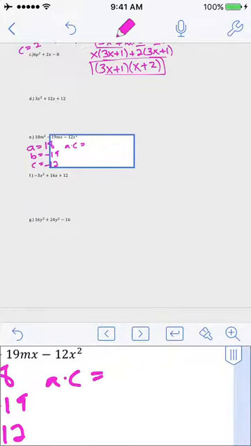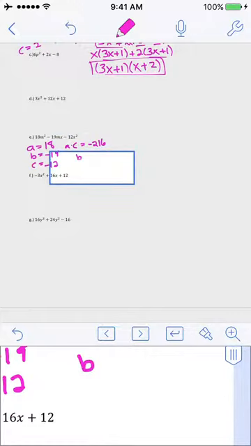A times C is negative 216. And B is negative 19. Alrighty then. Maybe it's going to take a while, right? Let's look at the factors of 216. Divided by 2, 108. 108 and 2 are probably not going to add to negative 19.